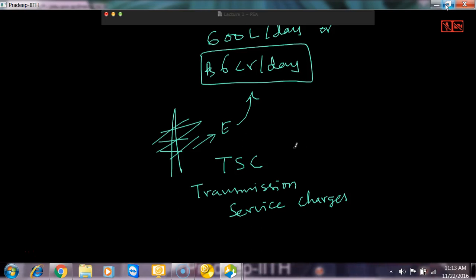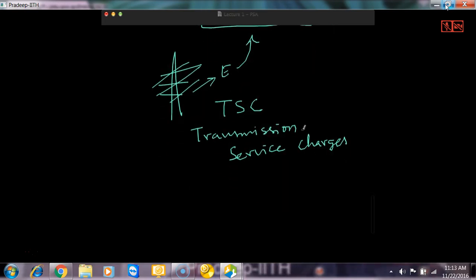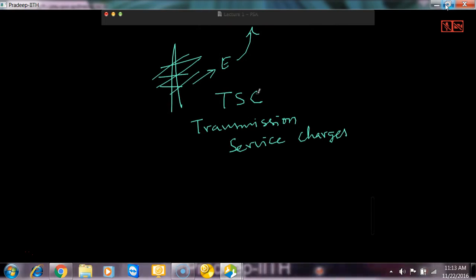Percentage wise, I can say that if I transmit this much energy, you have to pay me this percentage as transportation charges. Similar to vehicles transporting raw materials or goods, we are using the transmission tower to send the power.